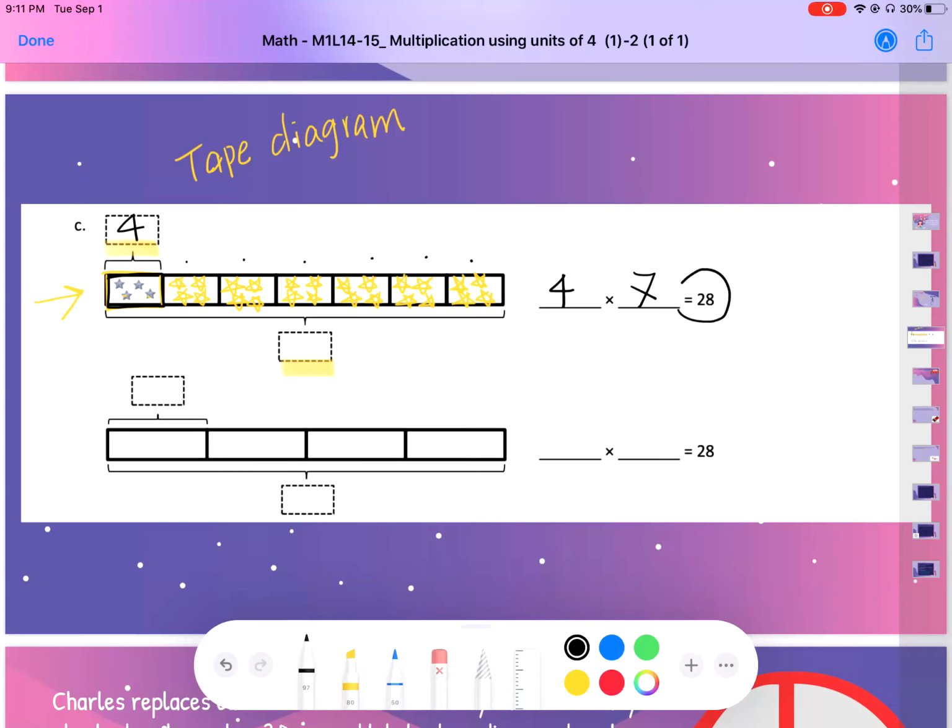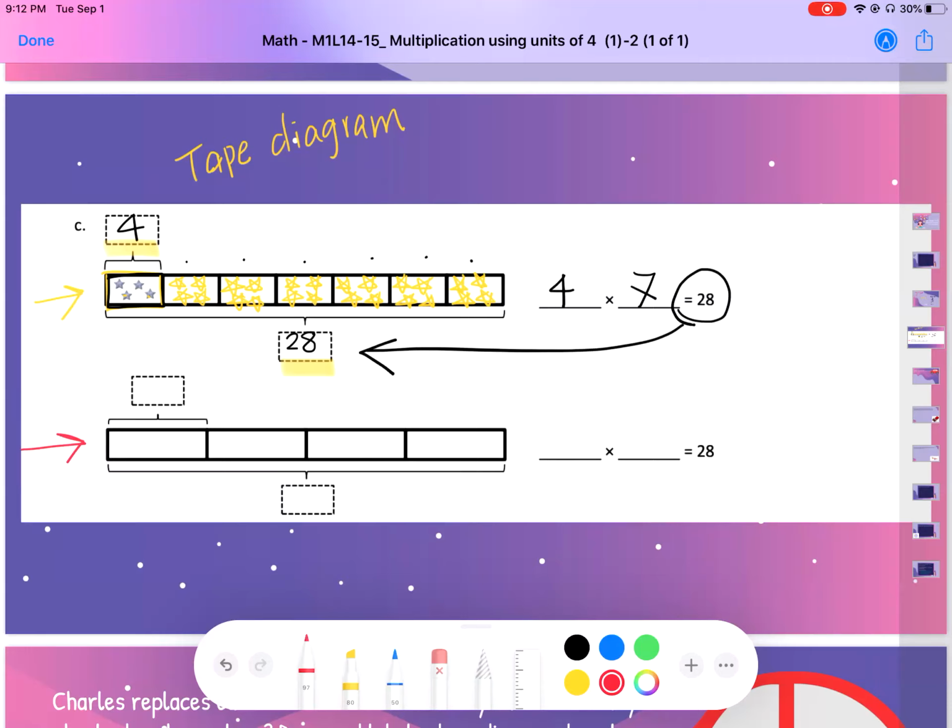The total is 28. So we use this number to fill out this blank underneath the boxes. This is where we put the total number, which is 28.